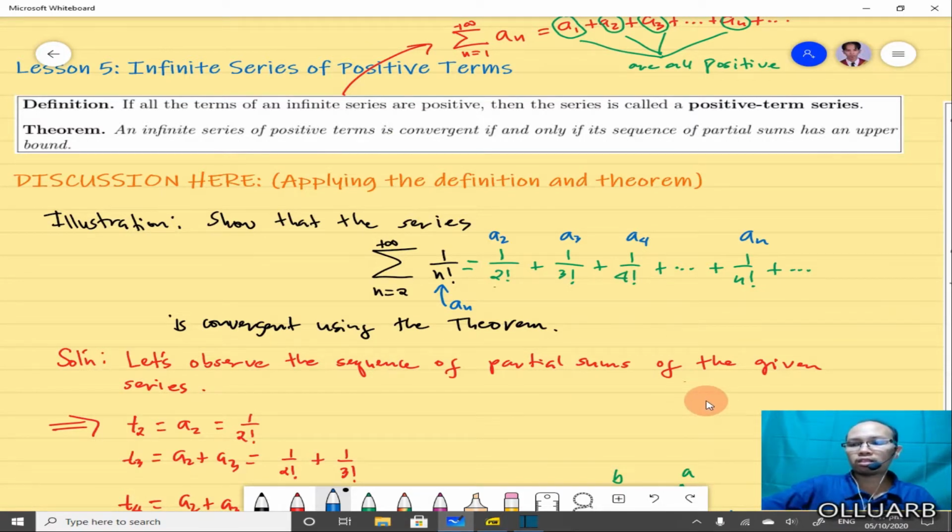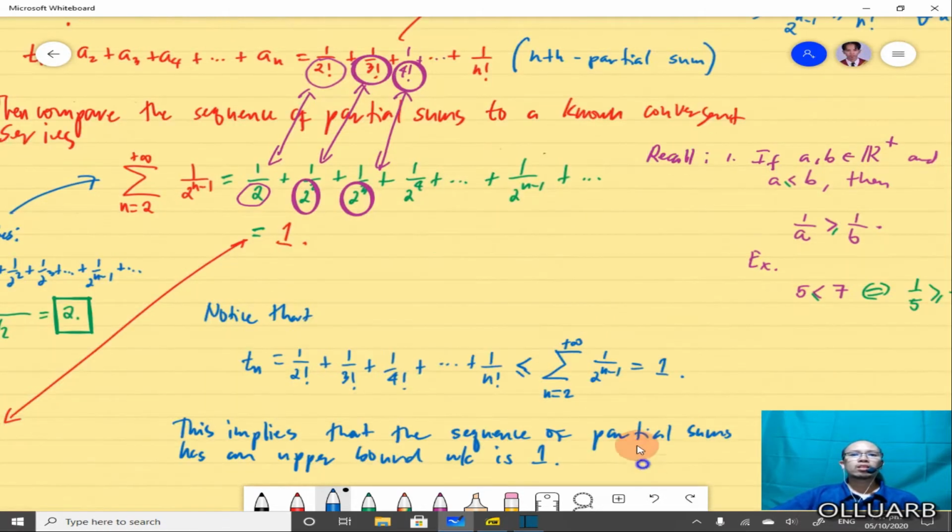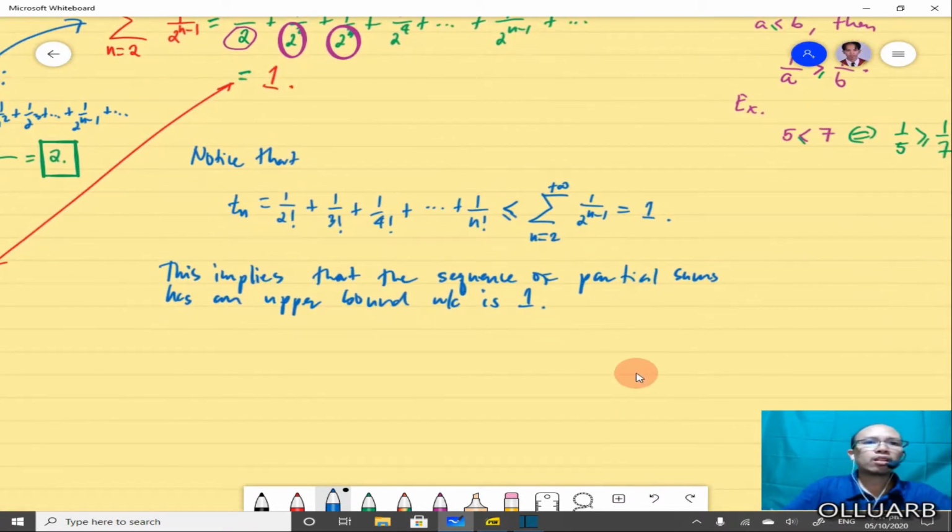Our given series, so by the theorem, the given series is convergent.